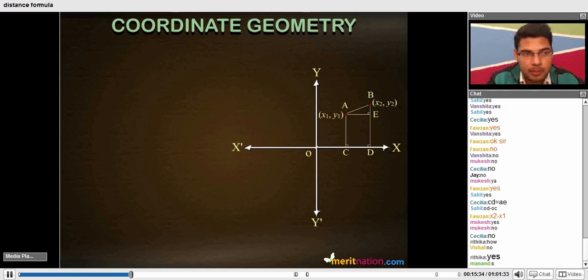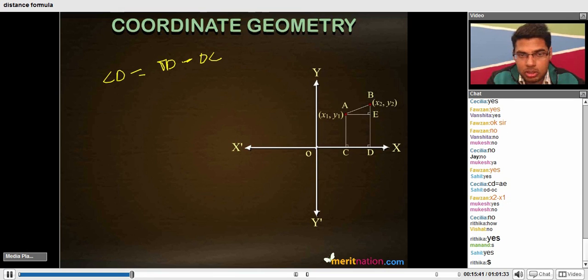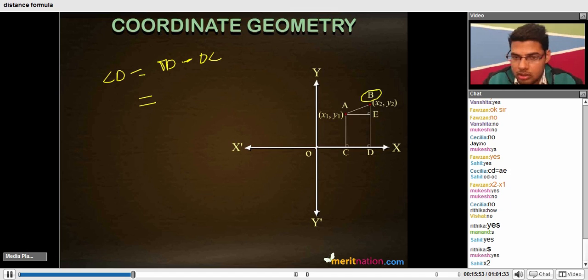Fine. Now tell me, what is OD? Is it not the distance of point B from the y-axis? Is it not the perpendicular distance of the point B from the y-axis?